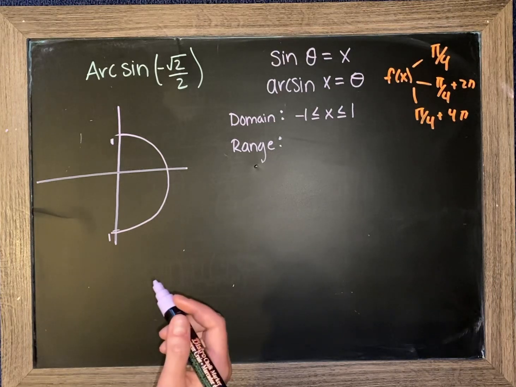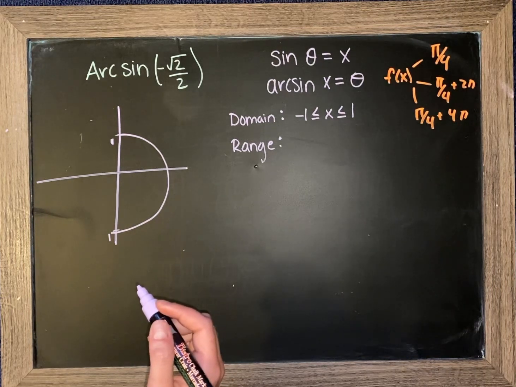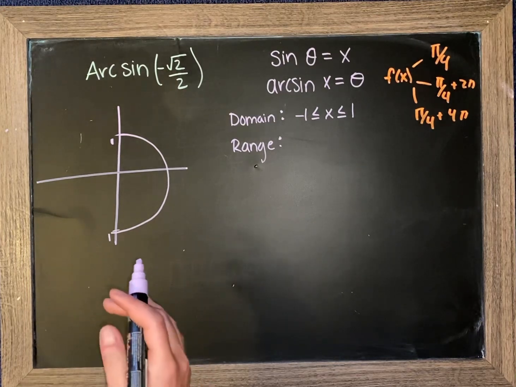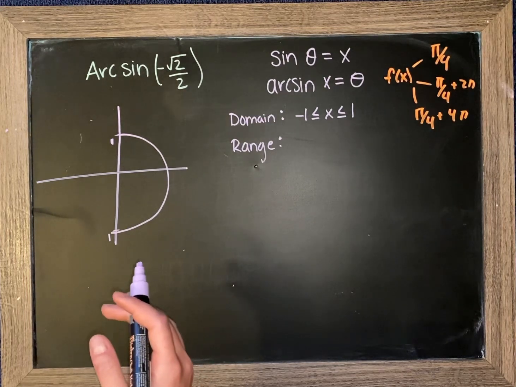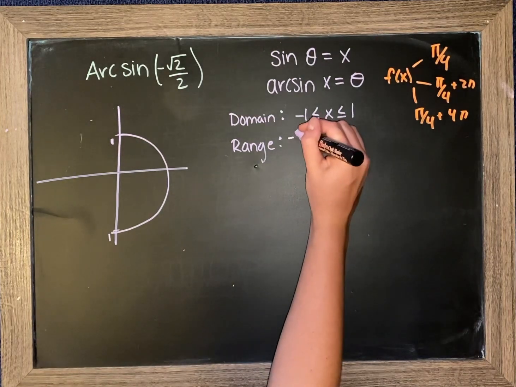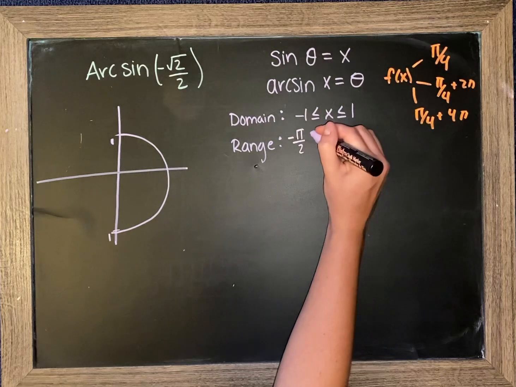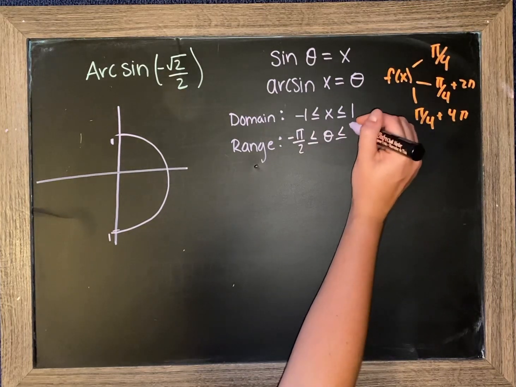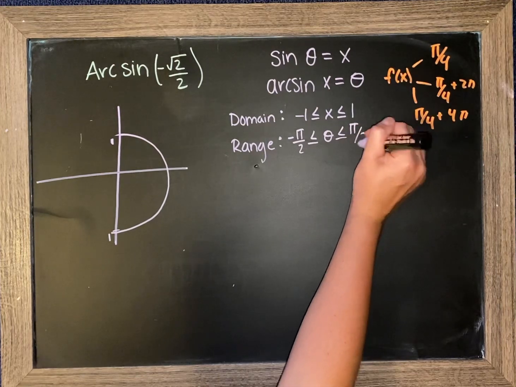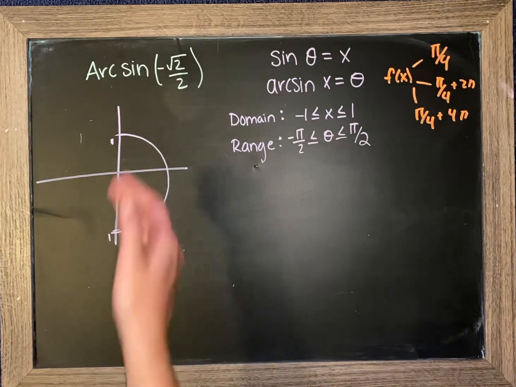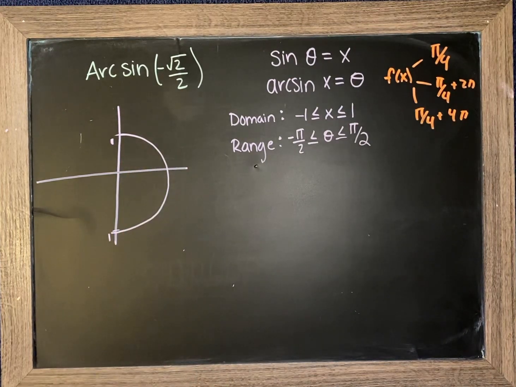In order to make our function valid, because to use inverse sine, we have to have a valid restricted range. So we're going to have negative pi over 2 is less than or equal to our theta, which is less than or equal to pi over 2. So our range is restricted to only the first and the fourth quadrant.